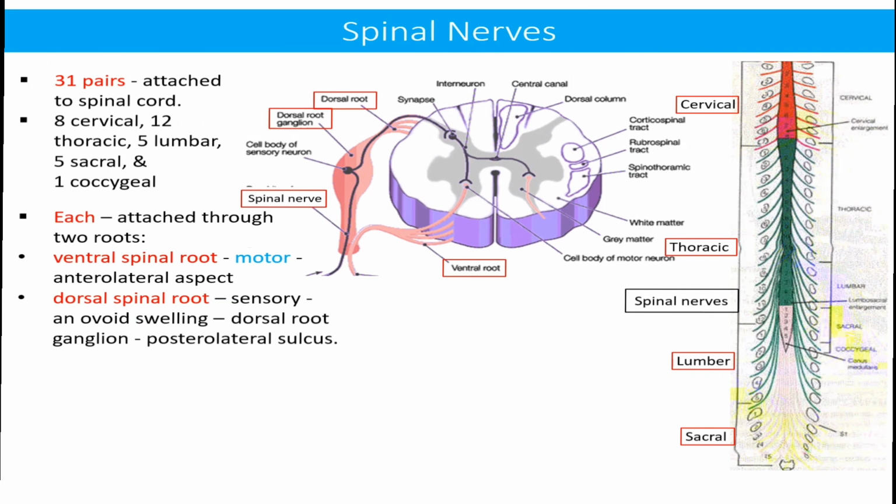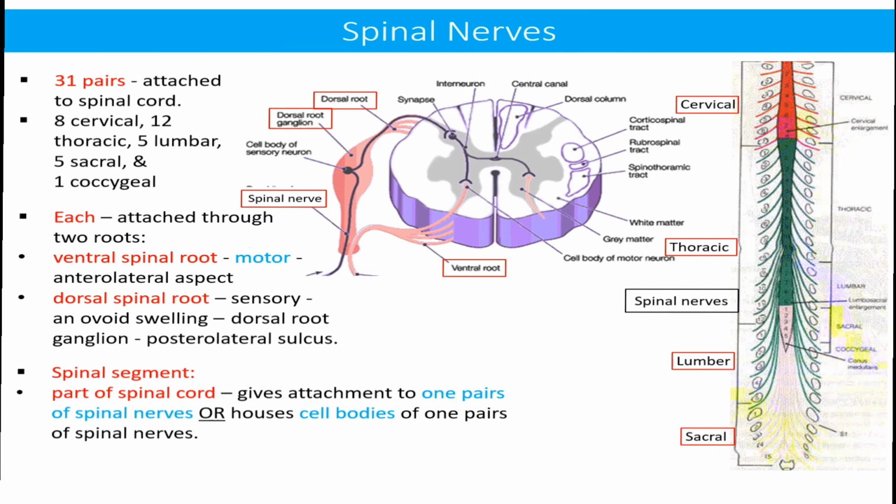First one, the ventral or motor spinal root, which is attached at the anterolateral aspect of the spinal cord. Second one is the dorsal or sensory spinal root, which bears an ovoid swelling, the dorsal root ganglion, which houses the cell bodies of the sensory neurons and is attached at the posterolateral sulcus.